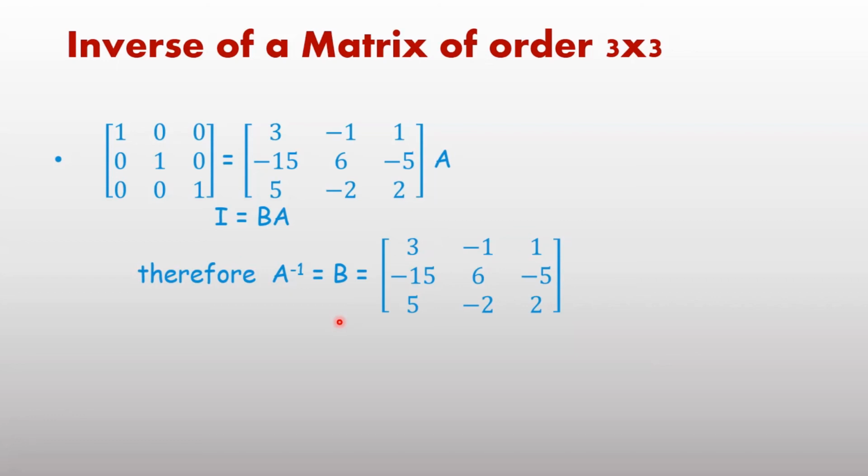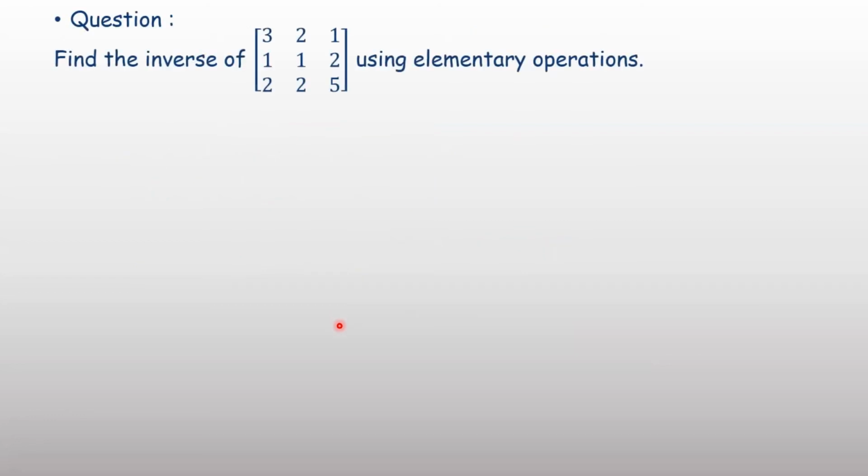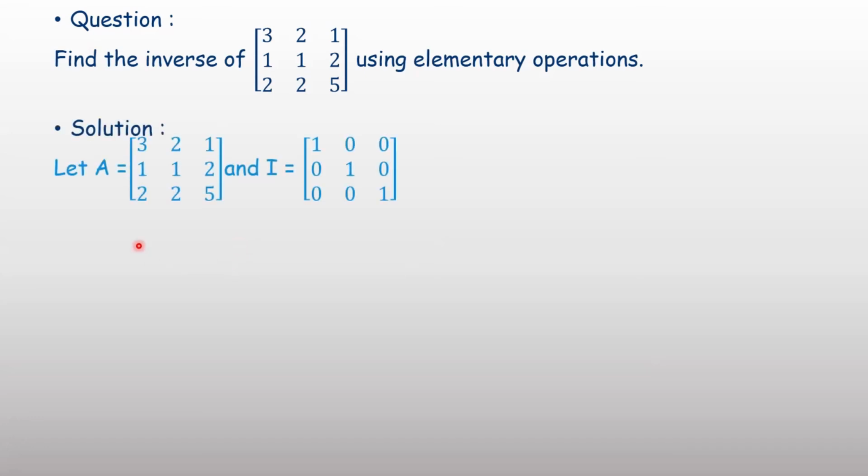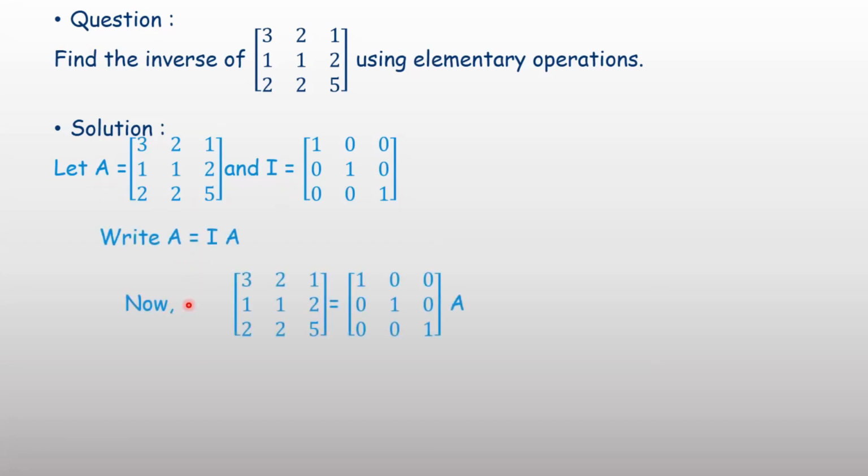One more example. Find the inverse of matrix by elementary operations. First, write down given matrix A and identity matrix I. Note as A equal to IA. In place of A, write down given matrix I as it is and A note down here.